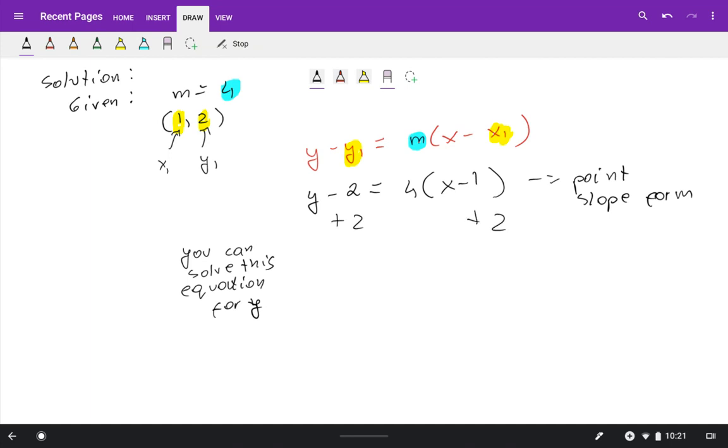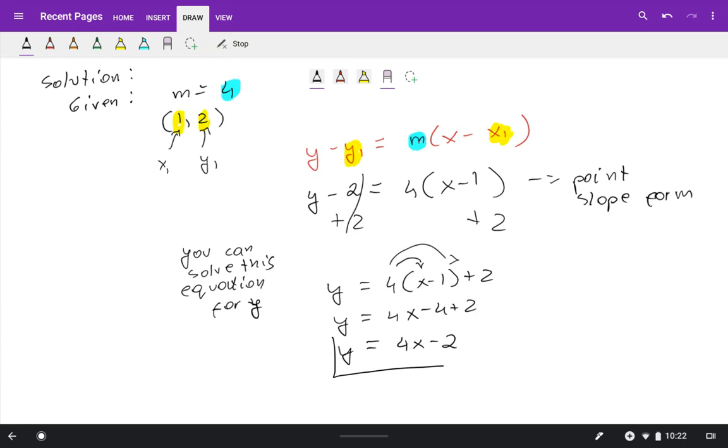You want to isolate y, and that gives y equals 4 times (x minus 1) plus 2. We distribute 4, getting 4x minus 4 plus 2. So y equals 4x minus 2. This is an equivalent equation to the point slope form. This is slope intercept form, and I'm going to introduce that in a second.